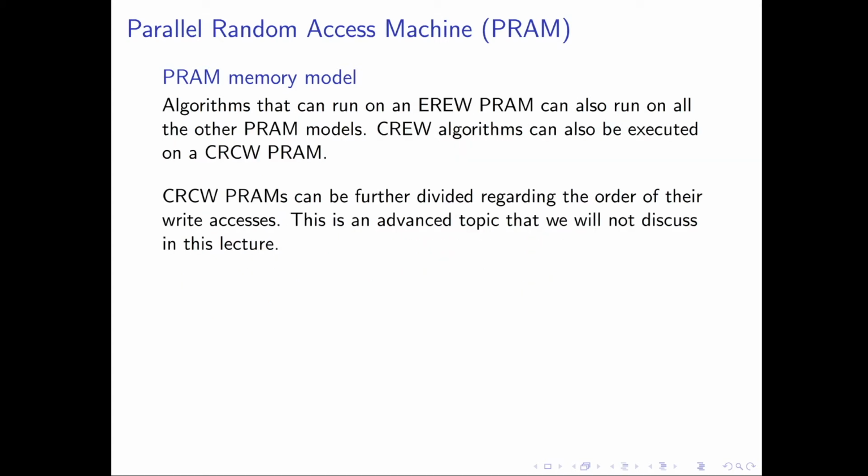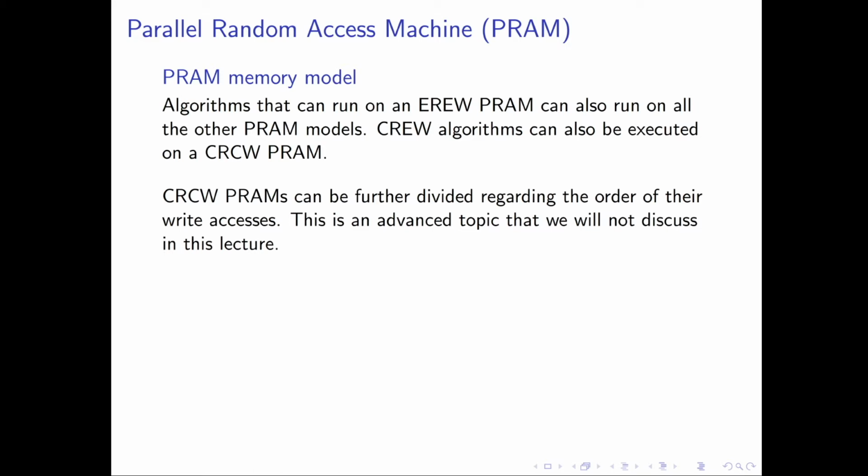So, this is kind of obvious. If you have an EREW PRAM algorithm, that algorithm will only perform exclusive memory accesses, and it's guaranteed that no other memory cells are accessed than the memory addresses that are devoted to that processor.